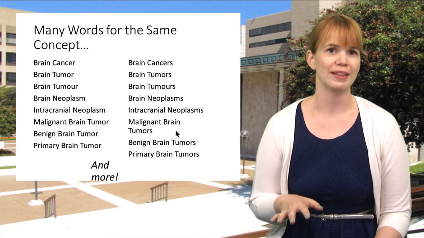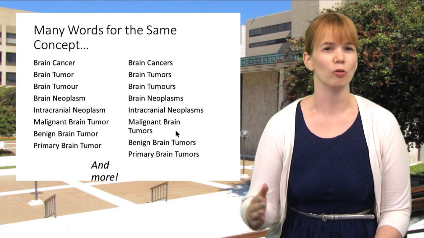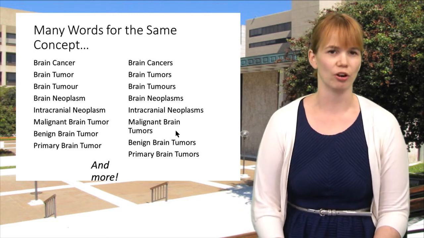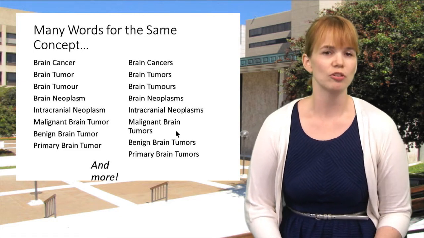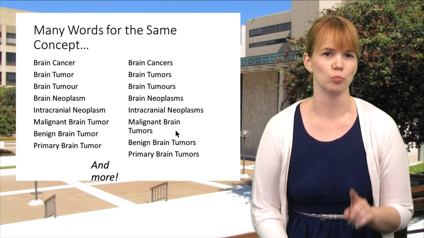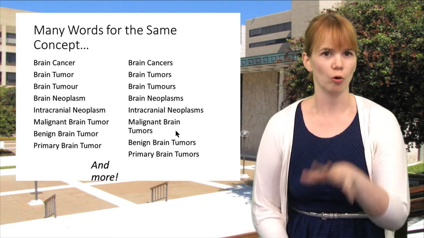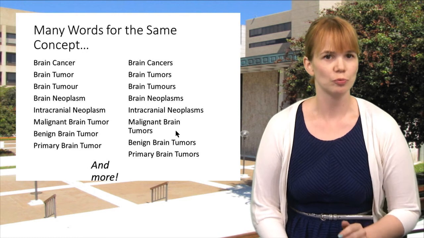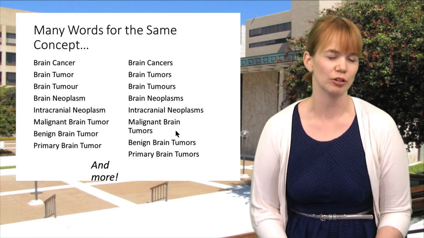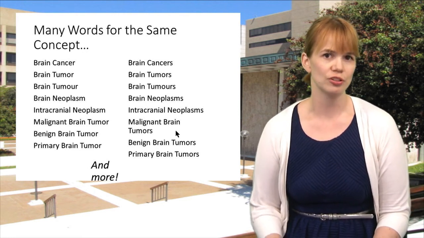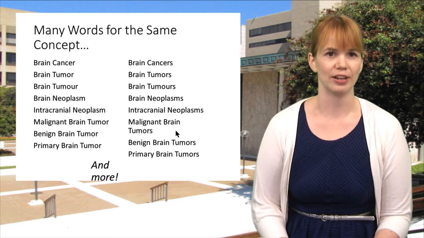So rather than putting that burden on you, the searcher, to come up with all these synonyms to really find all the articles on your topic, you can use MeSH because that allows you to search one concept for all these different synonyms. So it's a really powerful tool, and a little bit of work using MeSH at the beginning can potentially save you a lot of time in making an effective search.